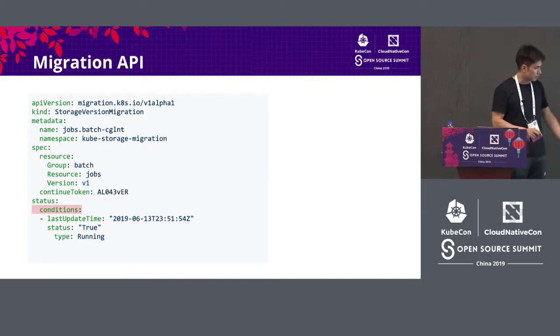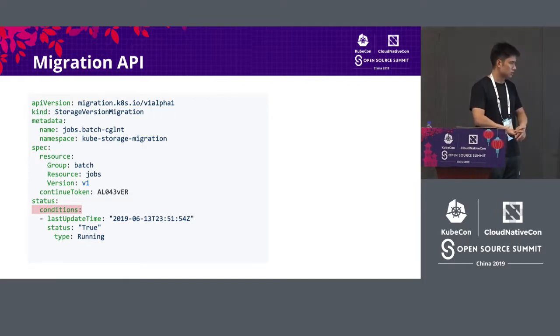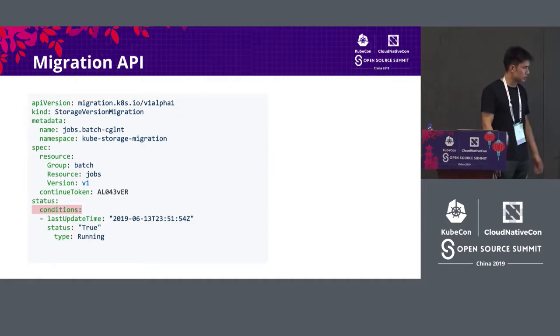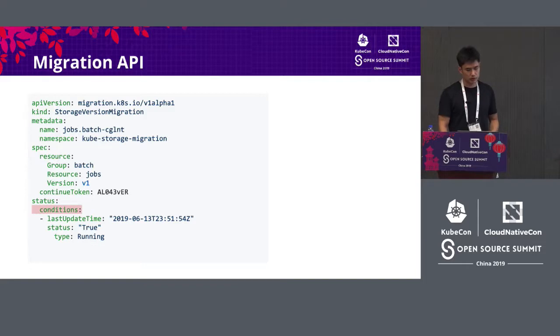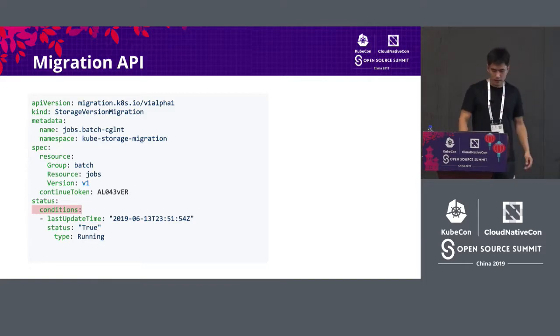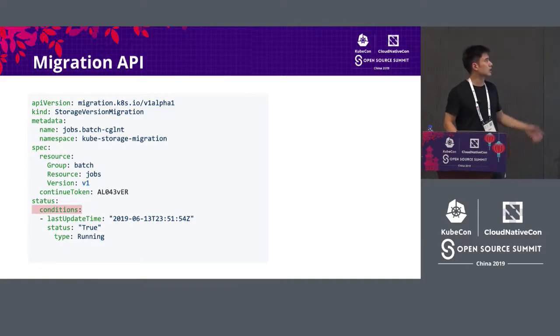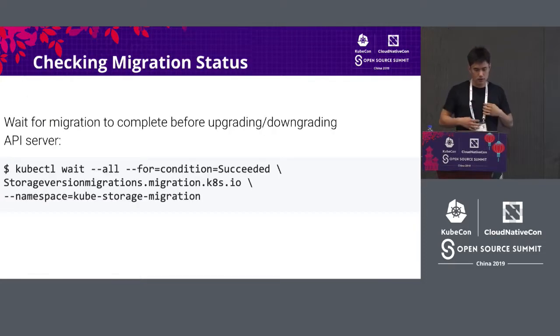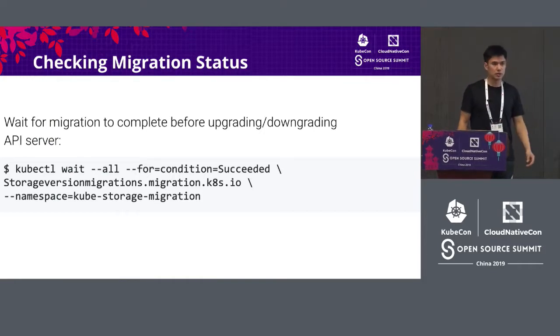The next important bit is the conditions. This is also a regular Kubernetes API, right? Here the condition is running. It means the migration is still ongoing. And because this migration API is fully Kubernetes conformant, you can use some very generic kubectl commands to talk through the API.